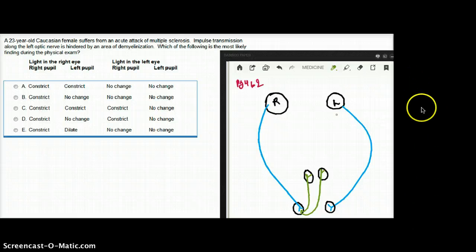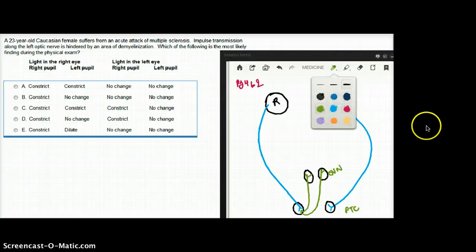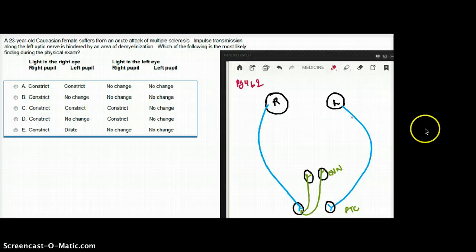By the way, this is the pretectal nucleus, and this is the Edinger-Westphal nucleus. From here, the impulses are carried to the front of the eye where the oculomotor muscles are. One goes to the front of the eye, to the oculomotor muscles, and from this one, the oculomotor nerve also goes to the left side front of the eye, to the oculomotor muscles.